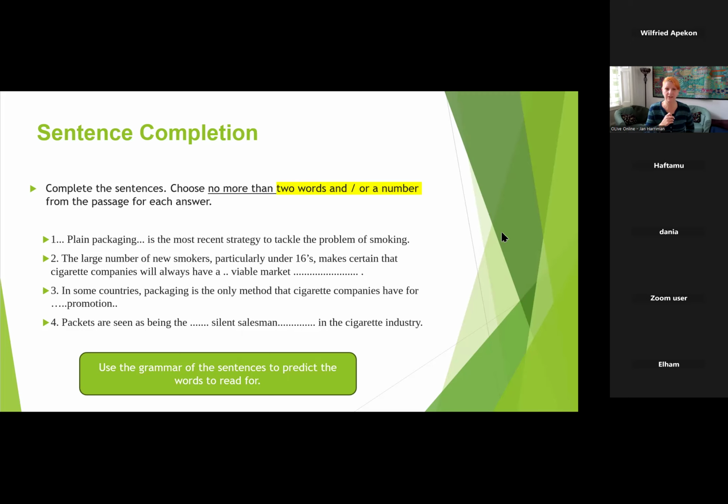Could it be 1 word and 2 numbers? Yes, 2 words and 1 number is the maximum that you can write. And so these instructions become very important on the exam. You do need to make sure that you read those carefully and don't write 3 words.